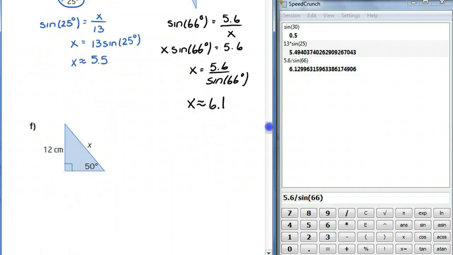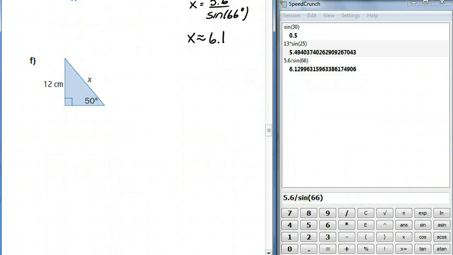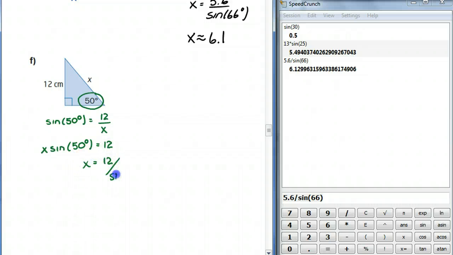Okay, let's do one more problem, shall we? Let's work in green. Again, I'm working with the angle 50 degrees. 12 is the opposite, x is the hypotenuse. So sine of 50 degrees is equal to the opposite, which is 12, divided by x, which is the hypotenuse. So x sine of 50 degrees is equal to 12. So x is equal to 12 divided by sine of 50 degrees.